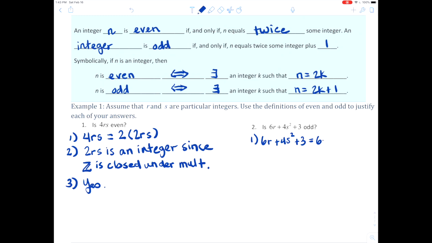So isn't this equivalent to 6r plus 4 times s squared plus 2 and then plus 1? So I just changed the 3 into 2 plus 1. Now, with this, if I consider this portion of it, couldn't I factor out a 2?